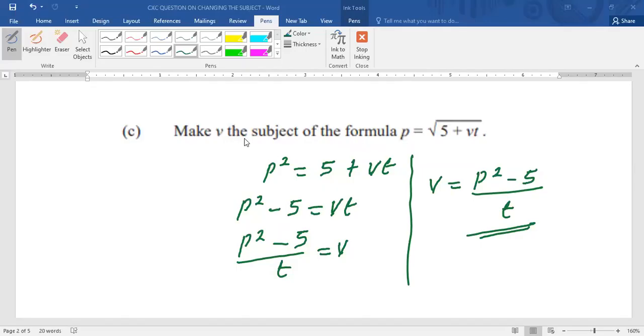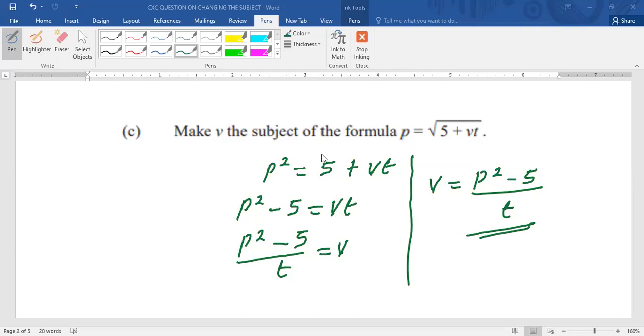Okay. So they say make v the subject of the formula, when p is equal to the square root of 5 plus vt, right? The first thing we have to do here is get rid of the square root. The opposite of square root is square. So we get p squared is equal to 5 plus vt. The next thing, we get rid of the 5.